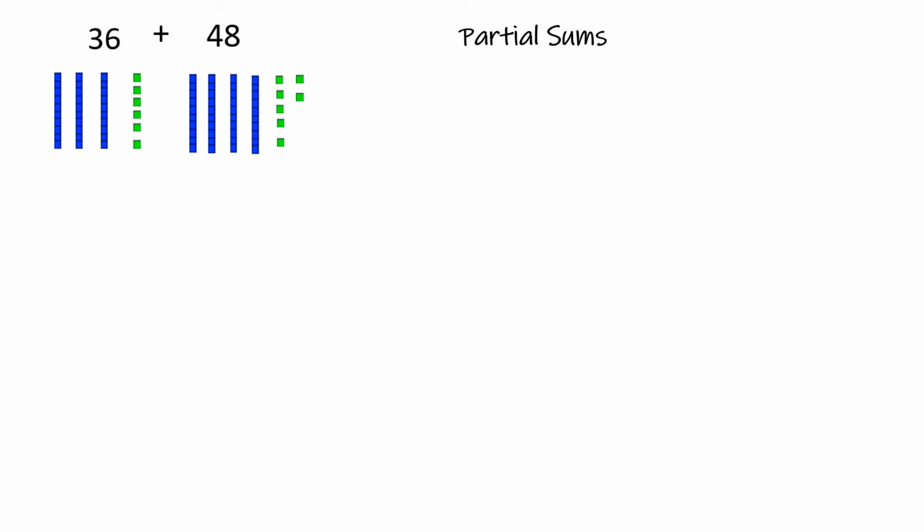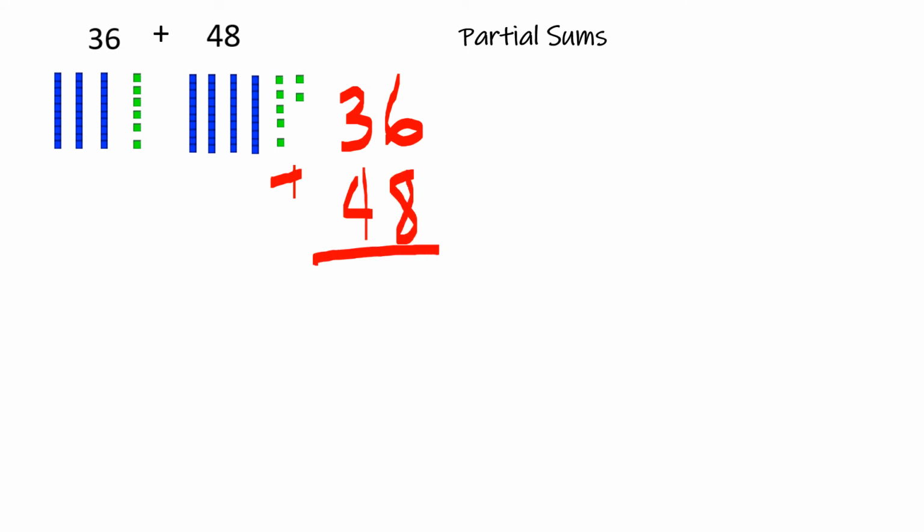Or maybe you wrote your problem like this. And you started by saying, well, I know that 3 tens plus 4 tens is 7 tens, and 7 tens is 70.